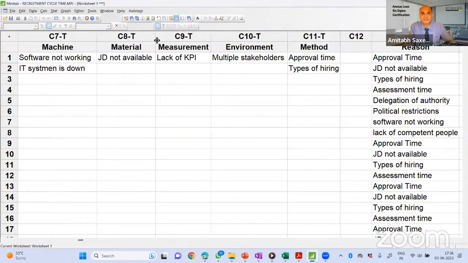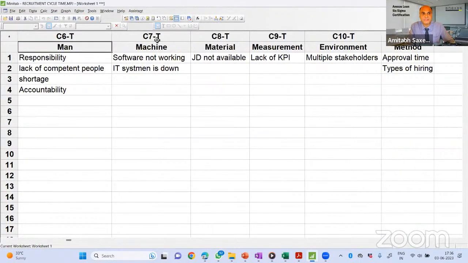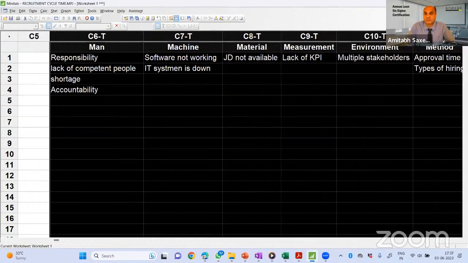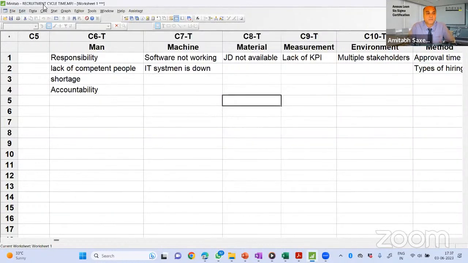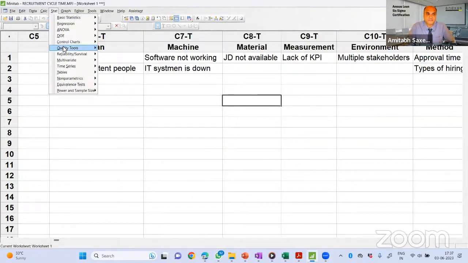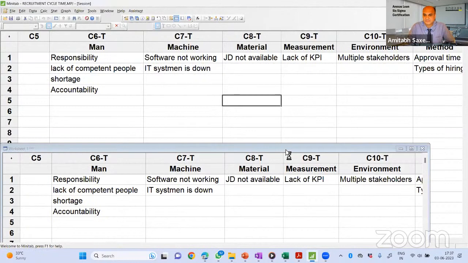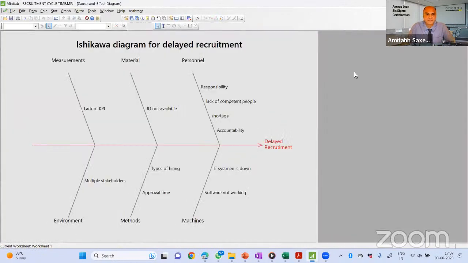And then I make a cause and effect diagram. So a few clicks, you get all the things nowadays.